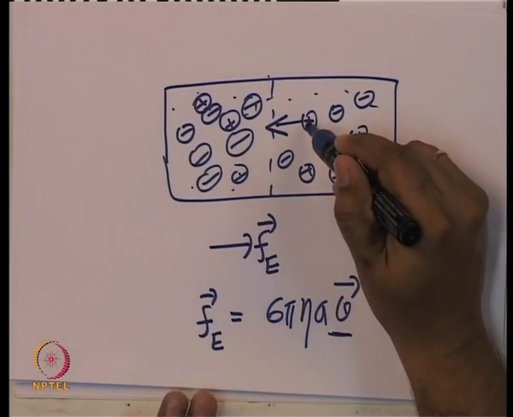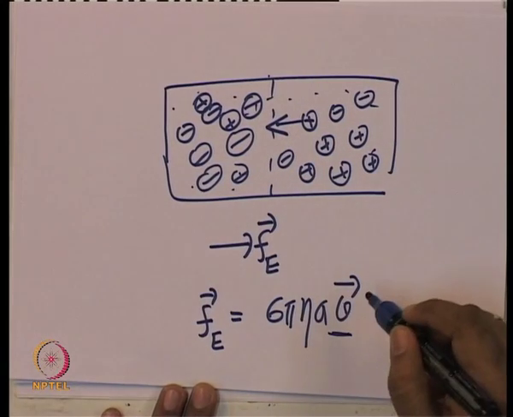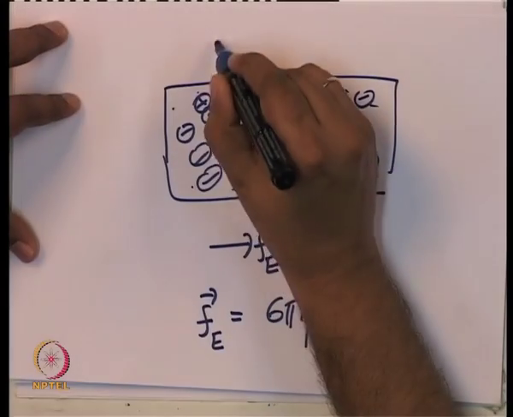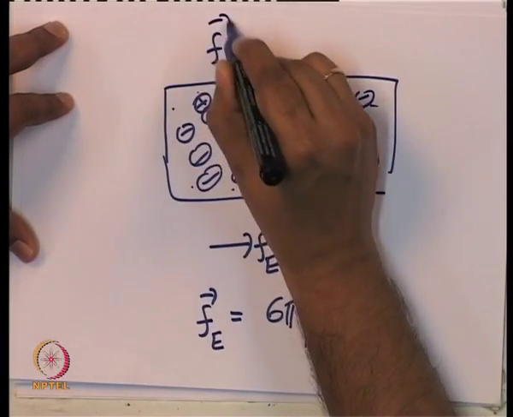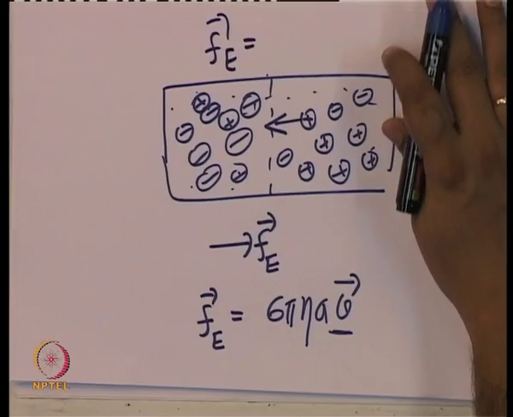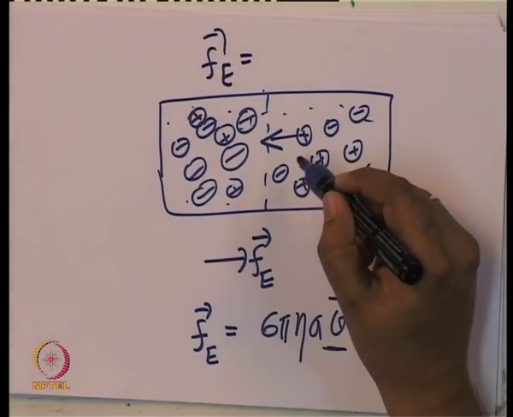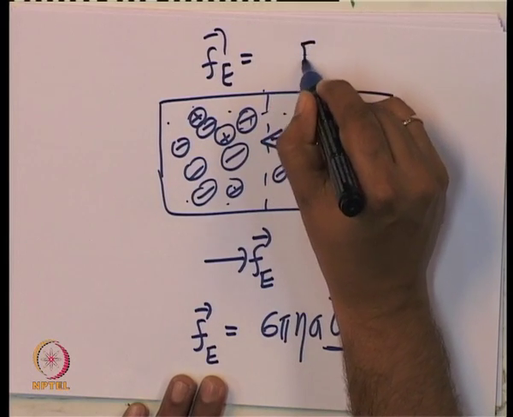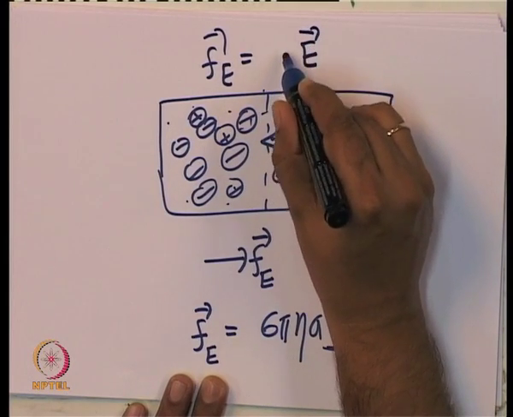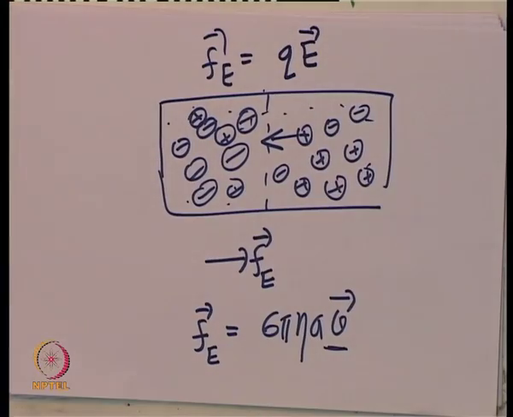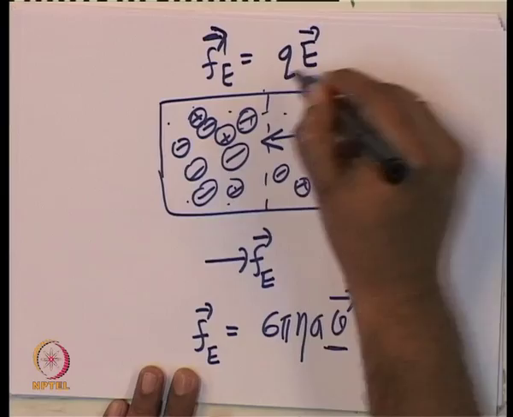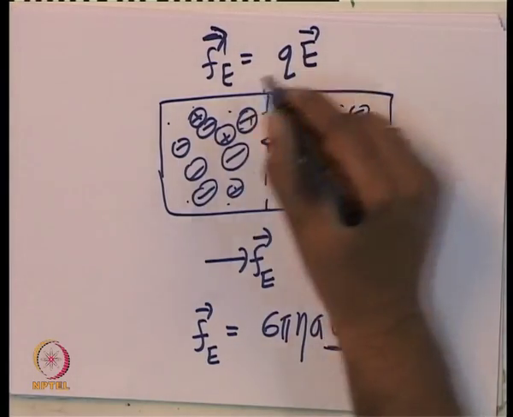So, we know that there is an electrostatic force. Now, how much is this electrostatic force? There will be an electric field. If you have an electric field E, the force is charge times electric field. So, force F is Q times E, charge times electric field is the force.